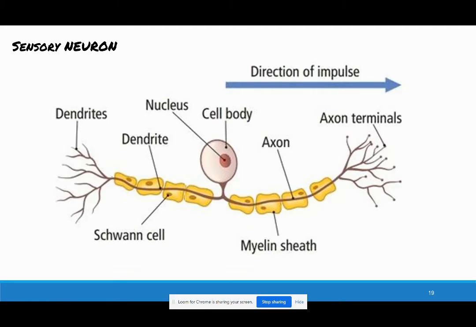Then we have like an axon here, but the cell body with the nucleus is in the middle. Okay, and then we get the axon here leading to the end branch terminals. So a lot of the similar terminology, but just notice that the position of the cell body is in a slightly different place, okay, between sensory and motor neurons.